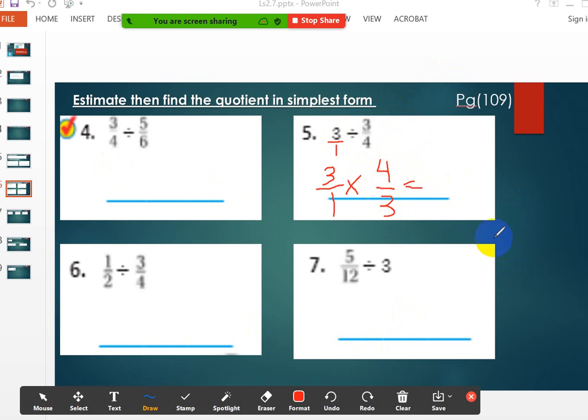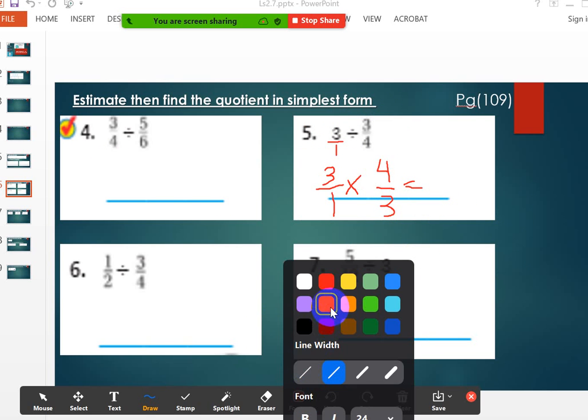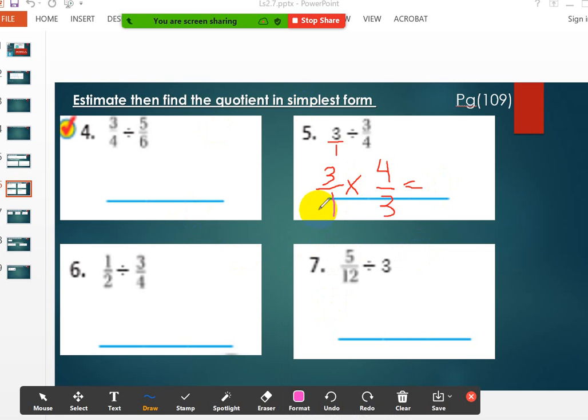Let's continue with you. Now, when I want to multiply 2 fractions, what do I have to do? First thing, I have to simplify the numbers. Is there any 2 numbers I can simplify?